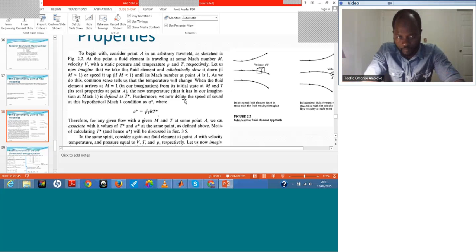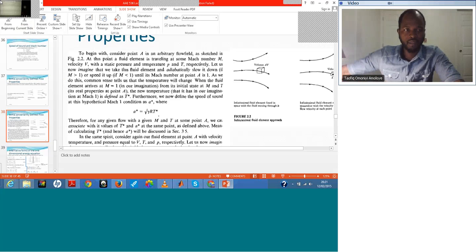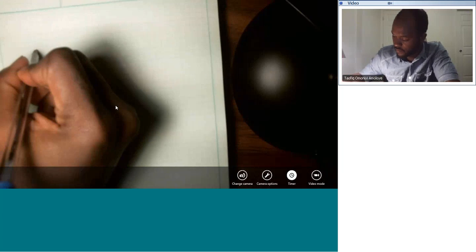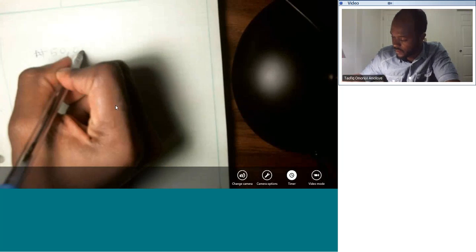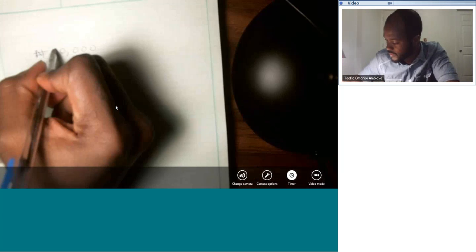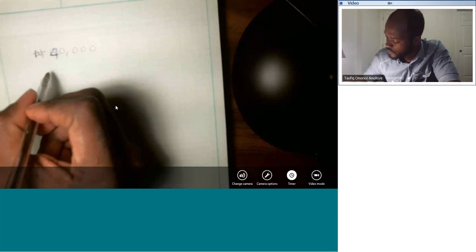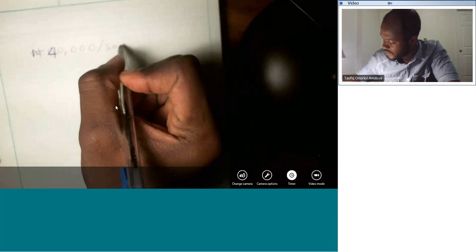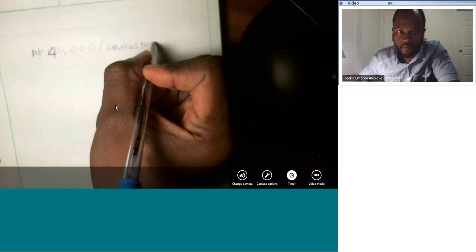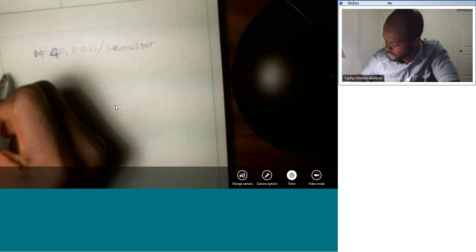You know the square of the speed of sound is equal to gamma R T from our previous lecture. So let me try to make a suitable analogy so that you get the kind of imagination that I want you to have. Consider maybe yourself, maybe at the beginning of the semester, your parents give you 40,000 naira per semester.